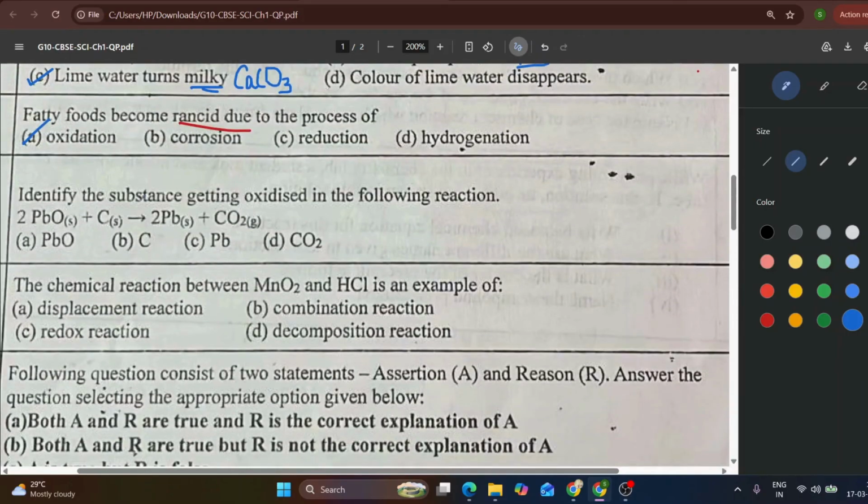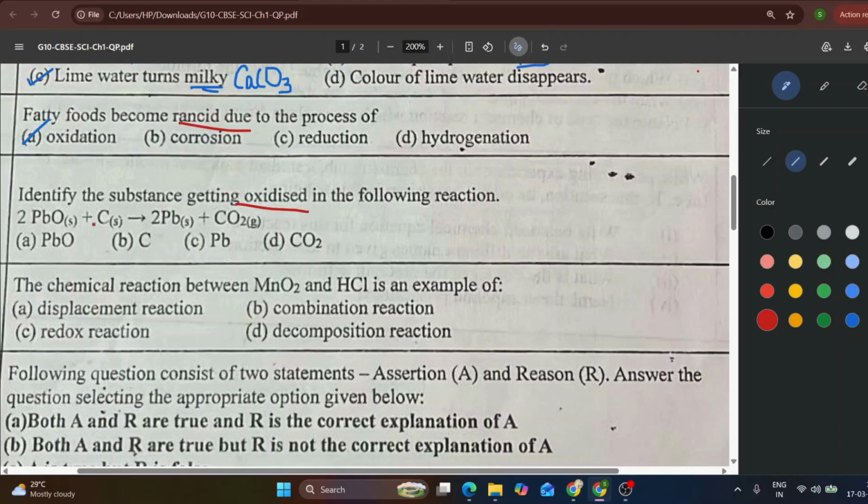Next one, identify the substance getting oxidized. Children, this is based on the concept of redox reactions. Always for such type of questions, I would give you a tip, please make a note of it. Always check the reactant side. Only on the reactant side can you tell whether a particular compound has oxidized or reduced.